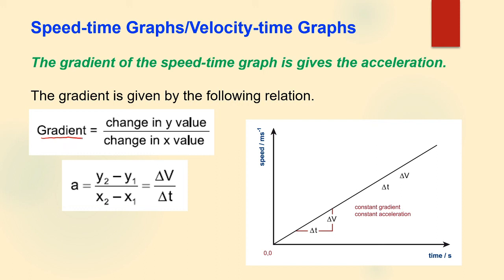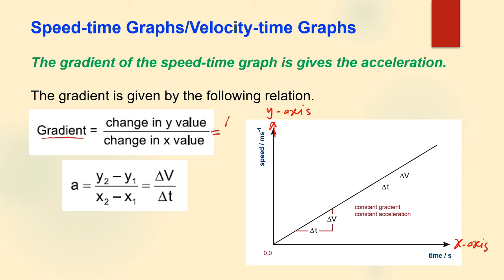For example, gradient is change in y value divided by change in x value. So here, velocity is along y-axis, and time is along x-axis. So to find the acceleration, we can use change in y value divided by change in x value.